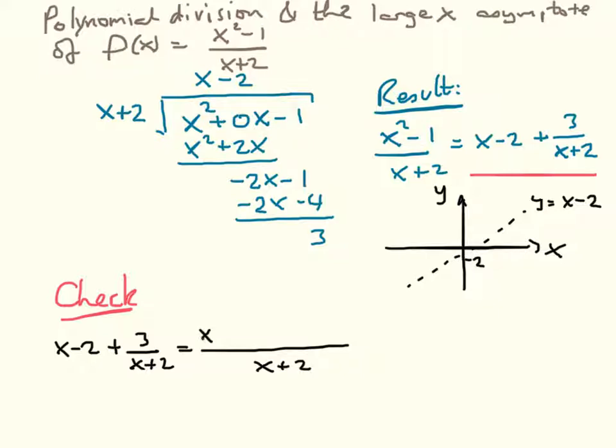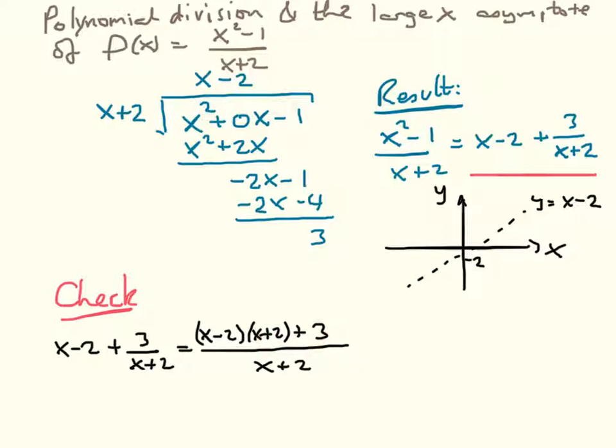So we have x minus 2 times x plus 2, and that of course is just this first term. The x plus 2's cancel, we're left with x minus 2 plus 3, which is this term here, 3 over x plus 2. We expand this out, we get x squared, the cross terms will cancel, minus 2x plus 2x, and then we have minus 4, so we have x squared minus 4 plus 3.